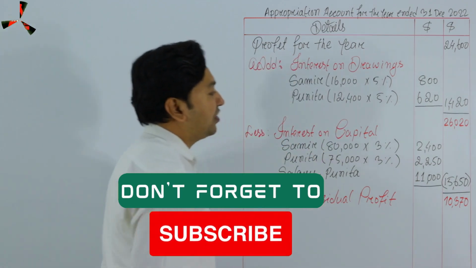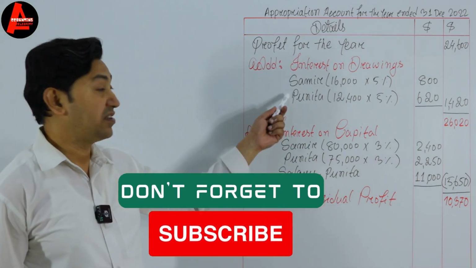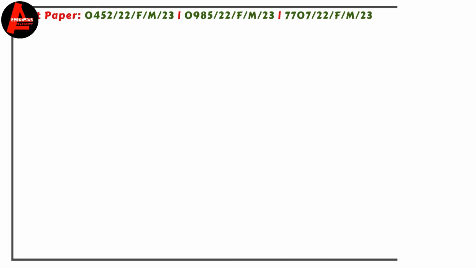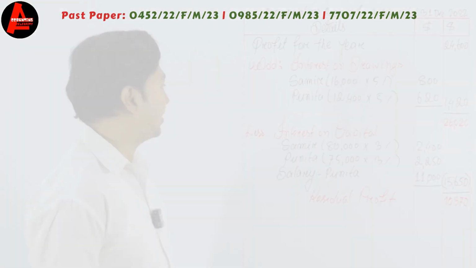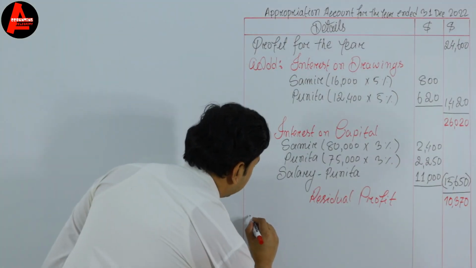Now this profit will be shared between these two partners. So how to share, what is the ratio, what is the rate? Here in the question it is clearly mentioned that residual profit and losses are to be shared 60% to Samir and 40% to Punita. So now let us write here share of profit.